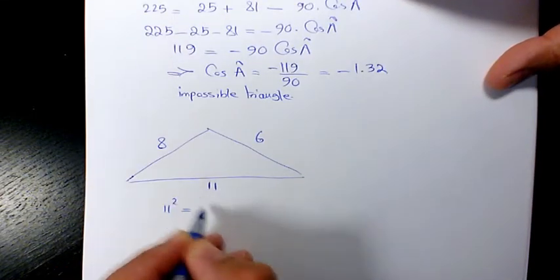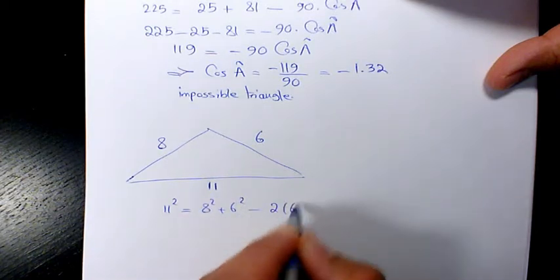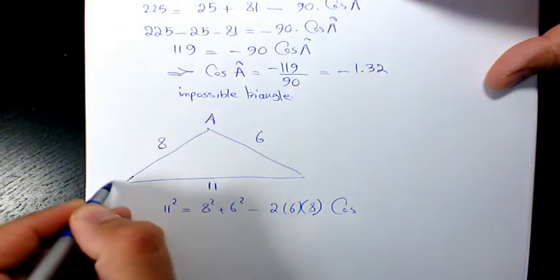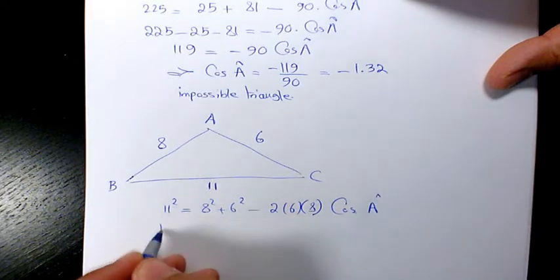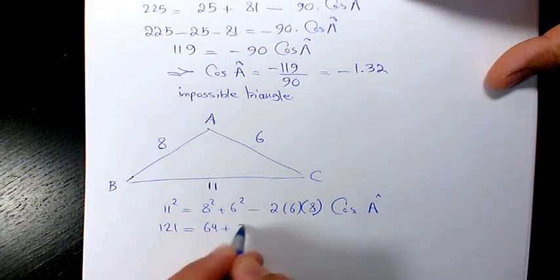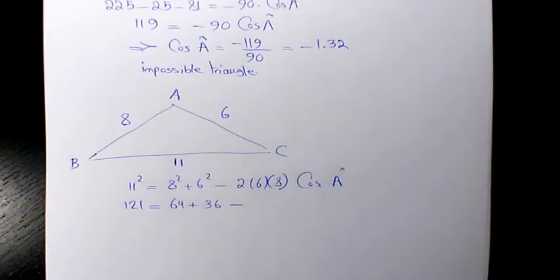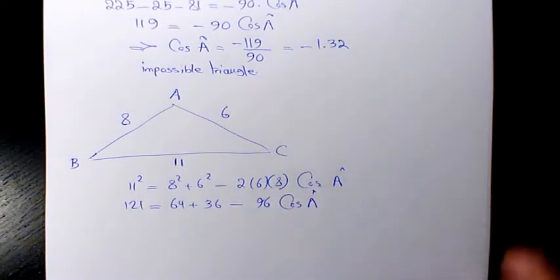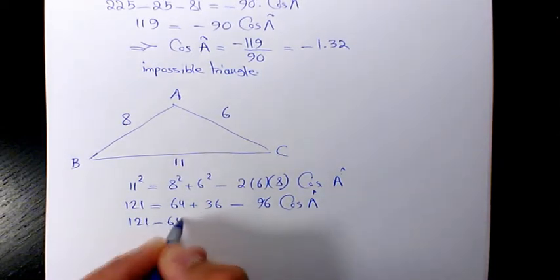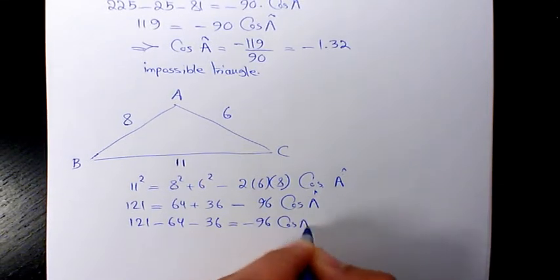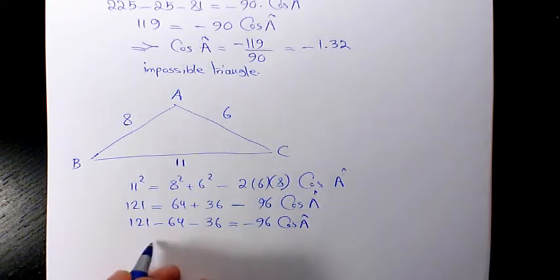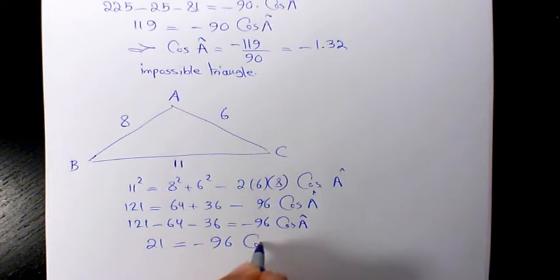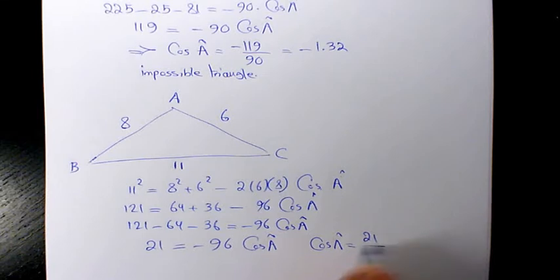So we have 11 squared equals 8 squared plus 6 squared minus 2 times 6 times 8 times cosine, if we call it A, cosine A. 11 squared is going to be 121, 8 squared 64, 6 squared 36 minus 2 times 6 times 8, which is going to be 96 cosine A. And then we can say 121 subtract 64 subtract 36 equals negative 96 cosine A. It's going to be 21 equals negative 96 cosine A. So cosine A is going to be 21 over negative 96.